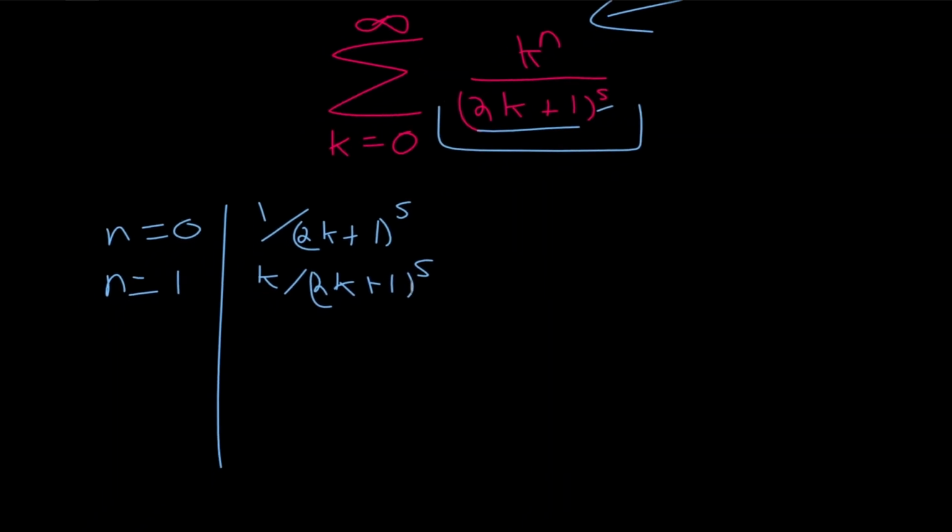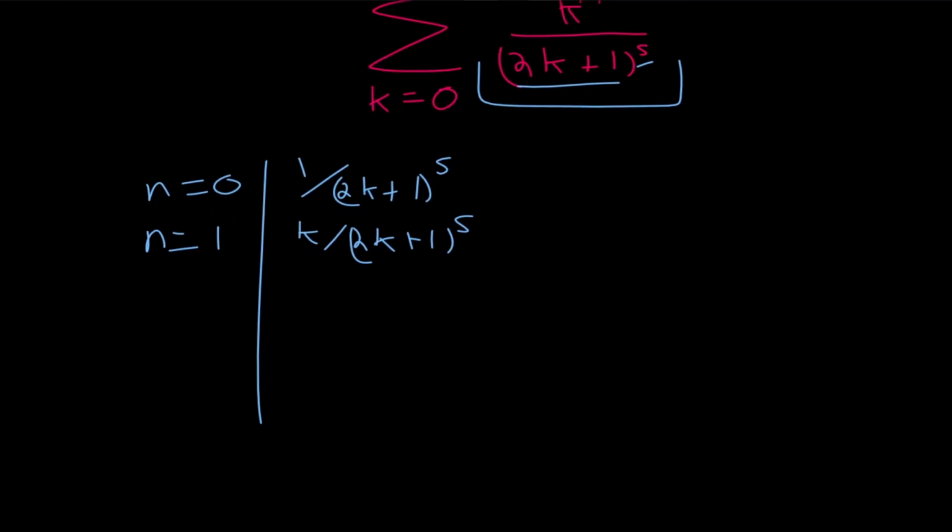But this right here, we can simplify a bit. Let's multiply the top and bottom by 2, and in the numerator, add 1 and also subtract 1. So what this means is that this expression is now (2k plus 1 minus 1) over (2k plus 1) to the s.